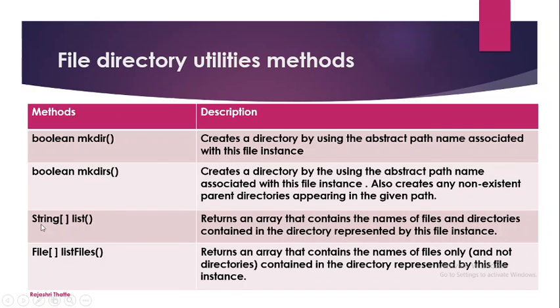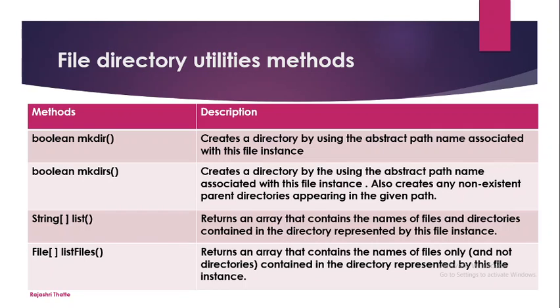So next is String. Here square brackets are given, that means it is a string array, and list is the method. If I want to display the list of files along with subdirectories, that means all the contents of a directory, I want to display them.